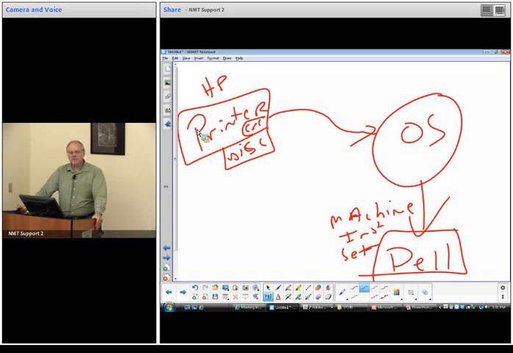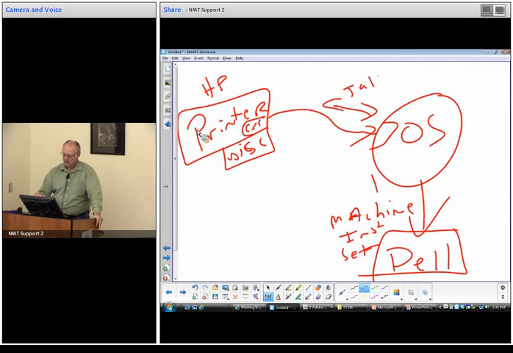And the operating system says, oh, I know what that is. Or, well, I know you're a printer. I don't know what HP 123 is. So the first time you plugged it in, it says to itself, I need to talk to this piece of hardware. Well, how do I do that?